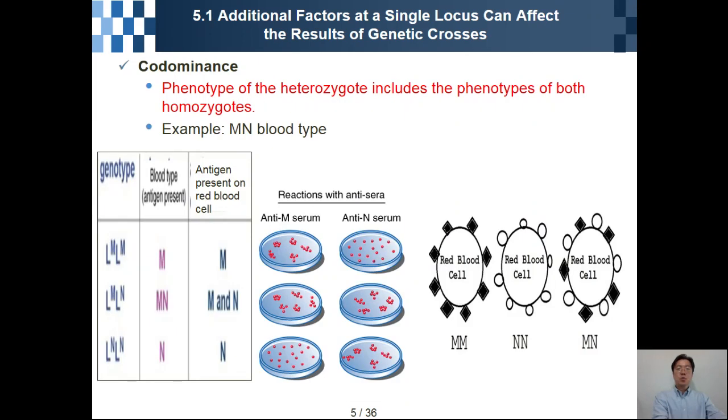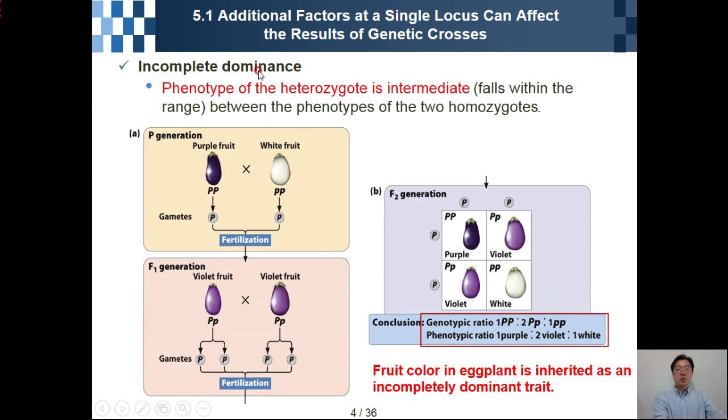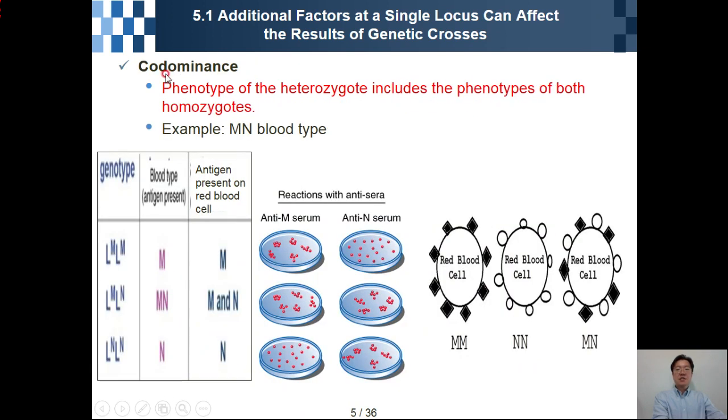In this slide, we will learn codominance. Previously, we learned incomplete dominance, but this is codominance. Codominance means that the phenotype of the heterozygote includes the phenotype of both homozygotes. An example is the MN blood type.